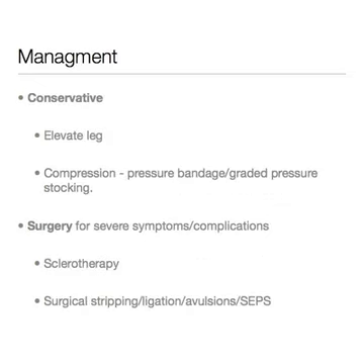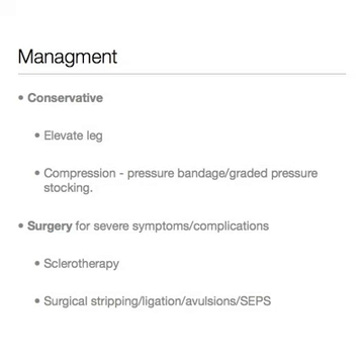Initial management of varicose veins is conservative and involves simple measures such as elevating the leg and applying compression using a pressure bandage or graded compression stockings in order to improve blood flow through the veins back to the heart.